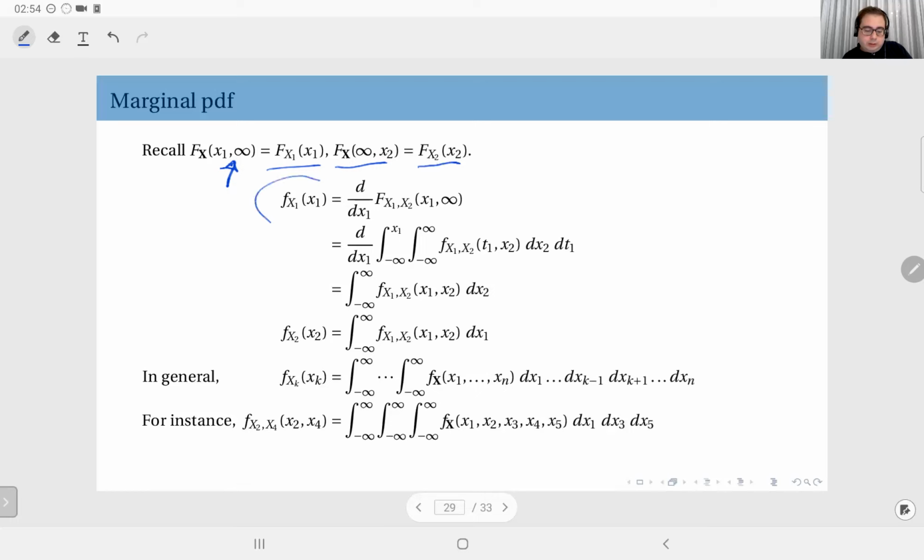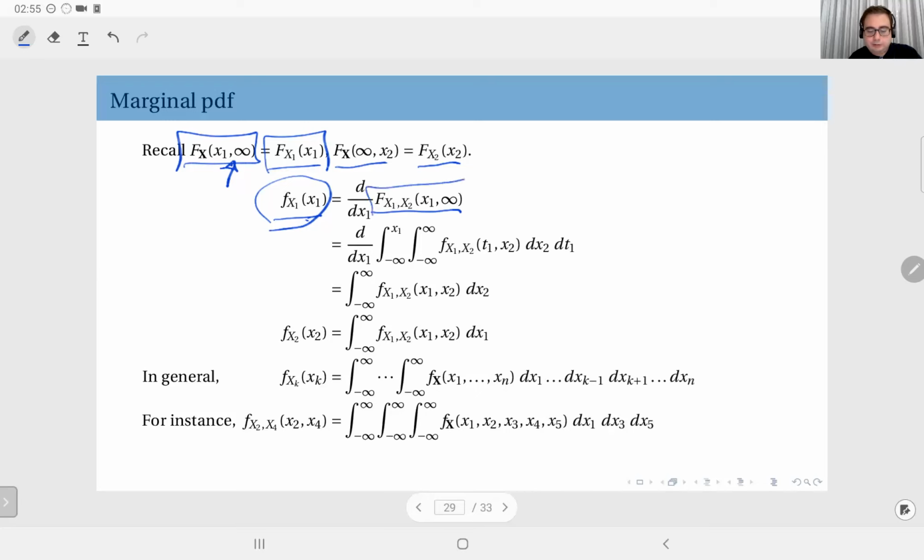Now, let's say I would like to obtain the marginal PDF of x1. By definition, that is the derivative with respect to x1 of the marginal CDF of x1, but that is equal to the joint CDF evaluated at x1 and infinity.